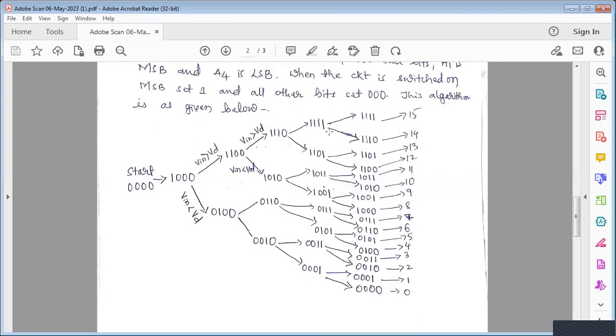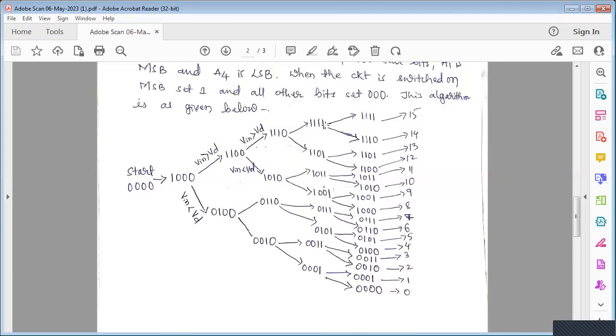Next, you are here. And again, two cases. For Vin greater than VD, we have to set the next bit, but there is no next bit, as it is simply a 4-bit circuit. And in the Vin less than VD case, what we have to do?